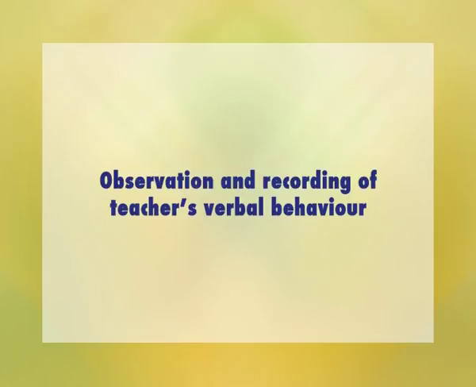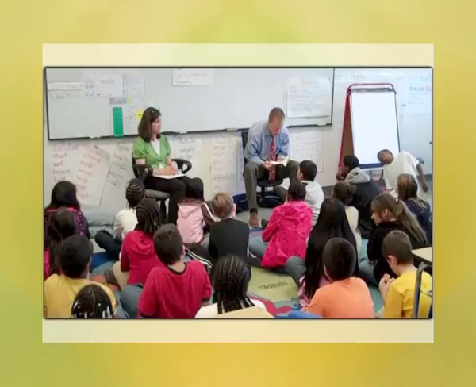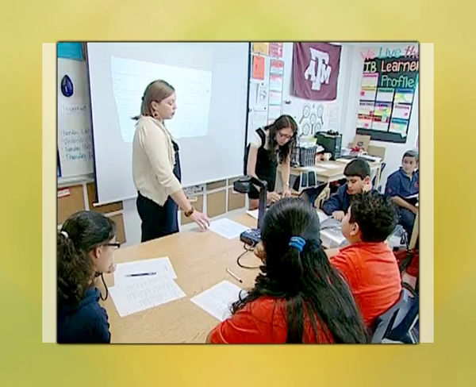First, observation and recording of the teacher's verbal behavior. The teacher starts teaching in the classroom. The observer enters the class where he can observe the teacher, listen to him and watch his movements without disturbing anybody.